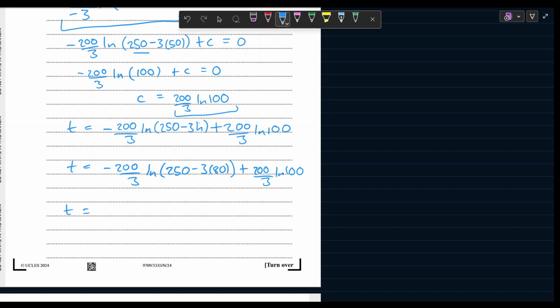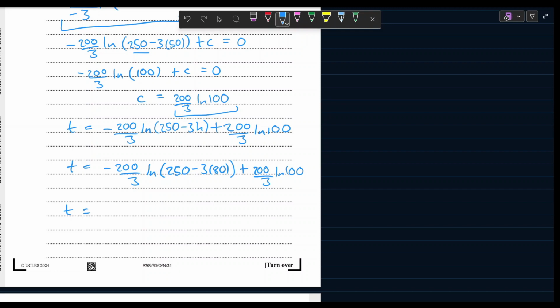So let's punch that into the calculator: negative 200 over 3 ln 250 minus 3 times 80 plus 200 over 3 ln 100.